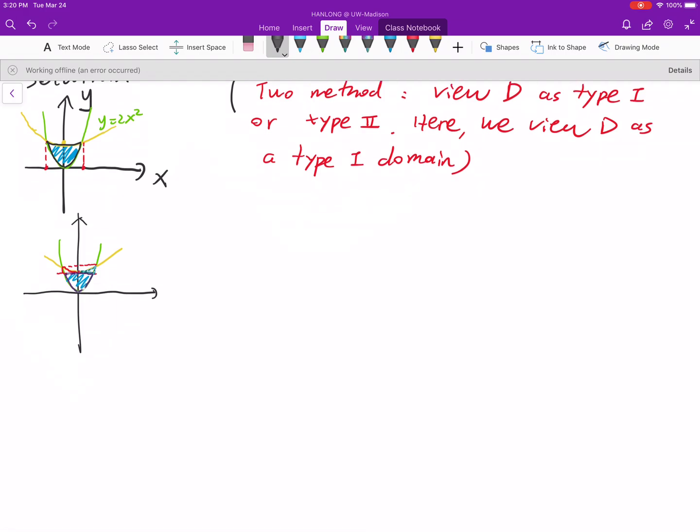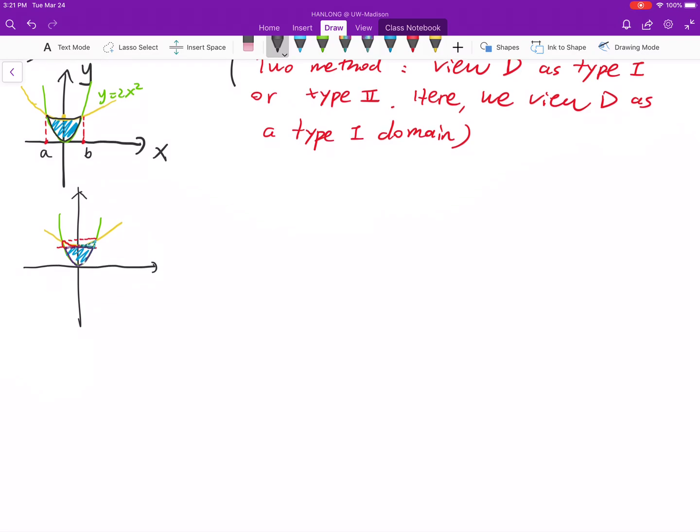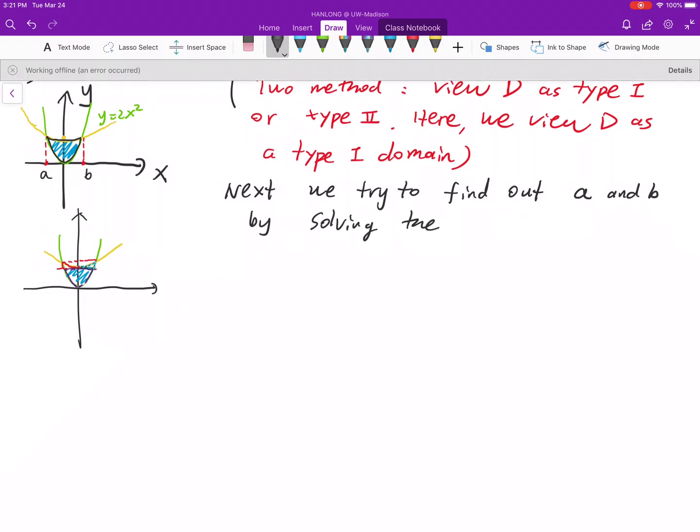Okay, next you need to figure out explicit coordinates for point A and B. And we all know that those 2 points are determined by the intersection of the 2 curves. So next, we try to find out A and B by solving the following equation.